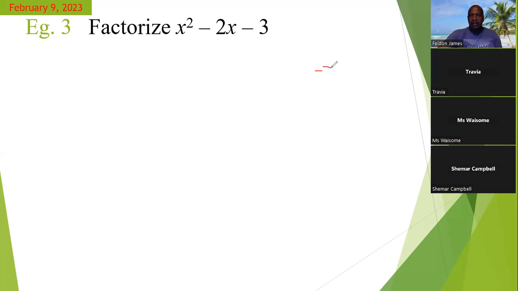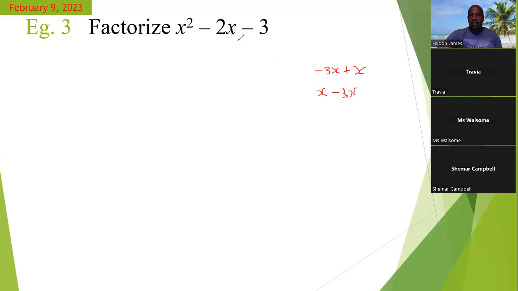So we can write it either -3x plus x, or if you want to write it the other way around, x minus 3x. But you can do it either way.